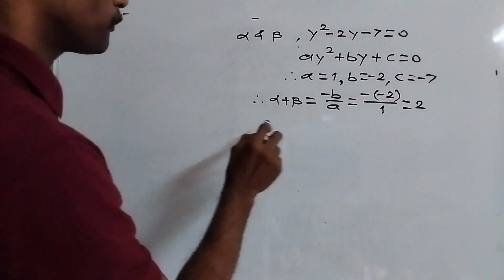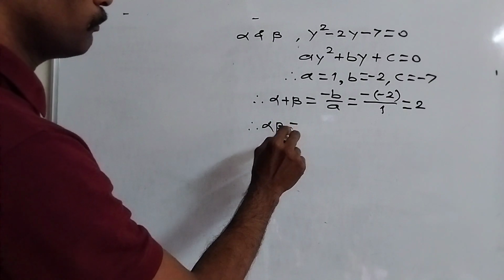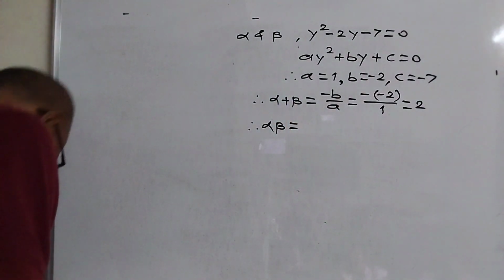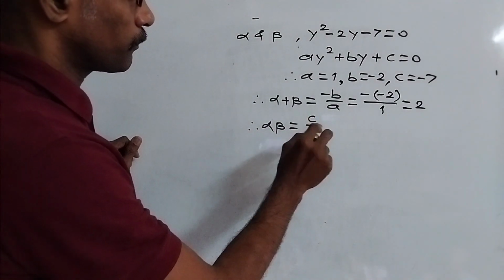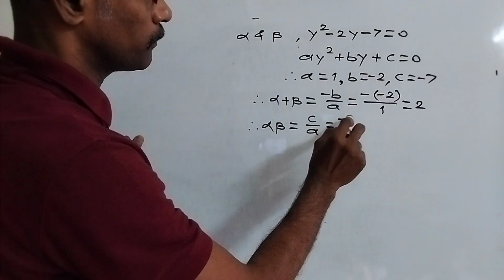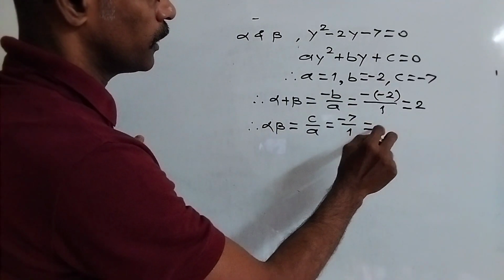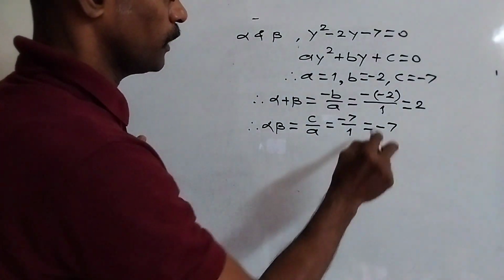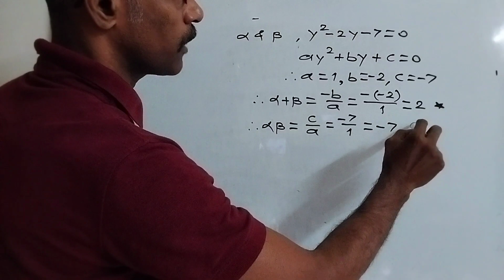Very good. Then alpha into beta: the sum of the two roots and the product of the two roots. Alpha into beta is c upon a, which is equal to minus 7 upon 1, therefore minus 7. Alpha into beta is equal to minus 7.